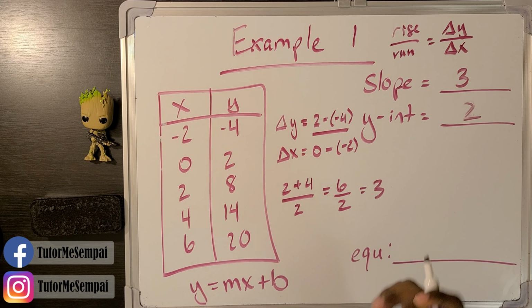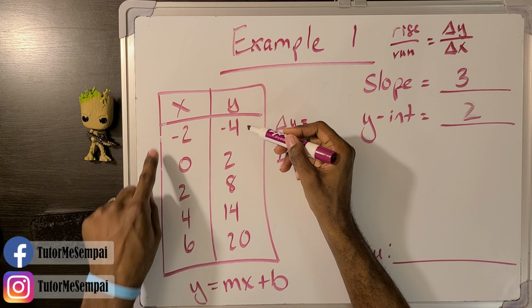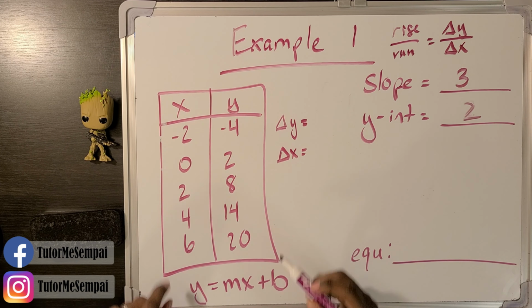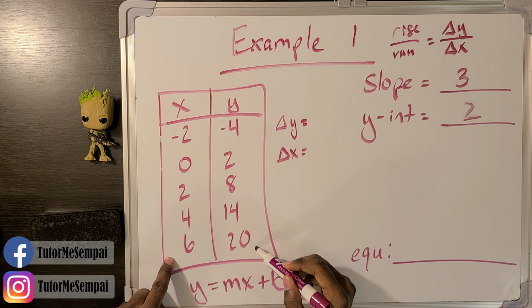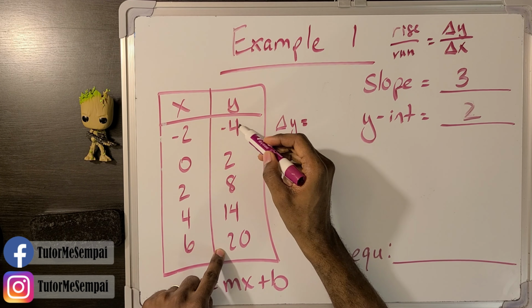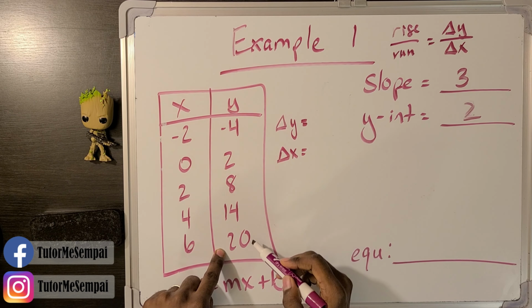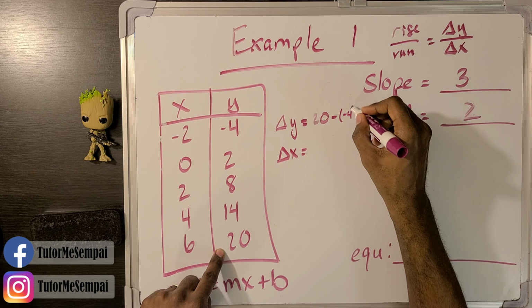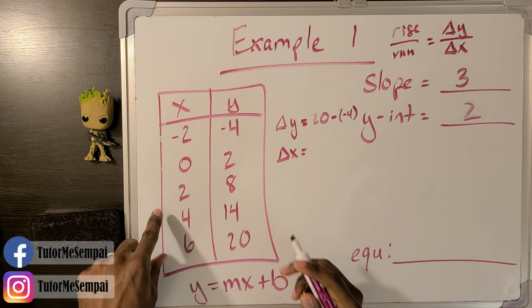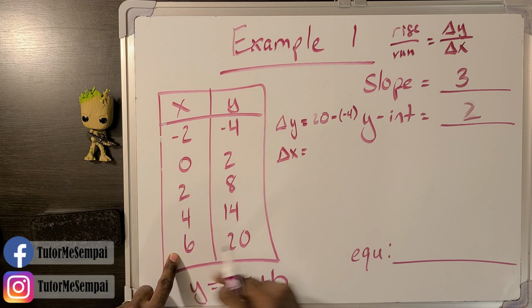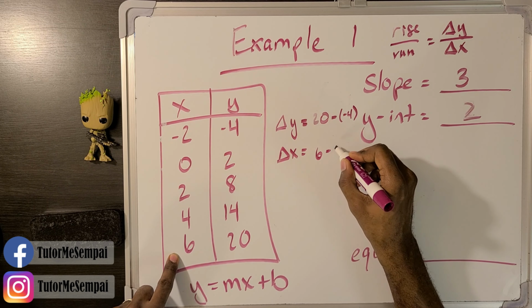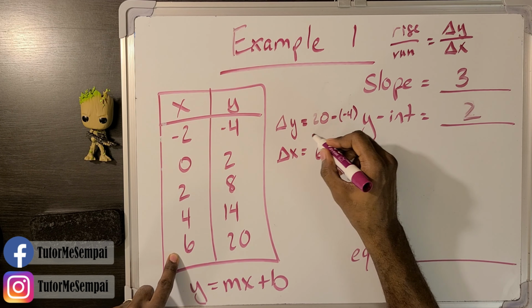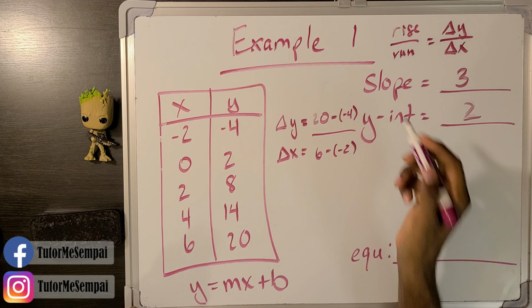How about our extremes? So our extremes are going to be up here and down here. We're starting here and we're ending up here. So our change in y is going to be starting from all the way at negative 4 going up to 20. 20 minus a negative 4. And our change in x is going to be starting at negative 2 and going all the way up to 6. So 6 minus a negative 2. Now what is 20 minus a negative 4?